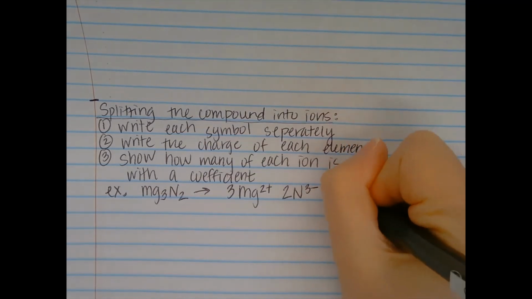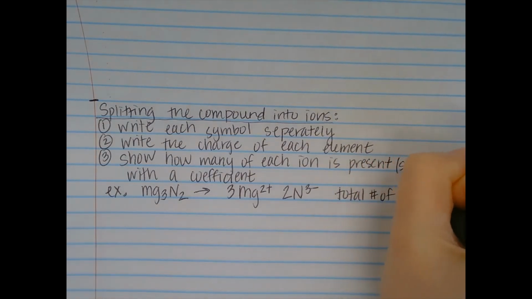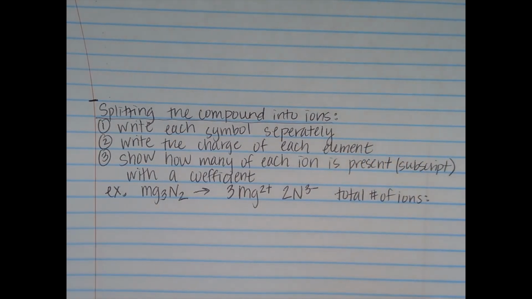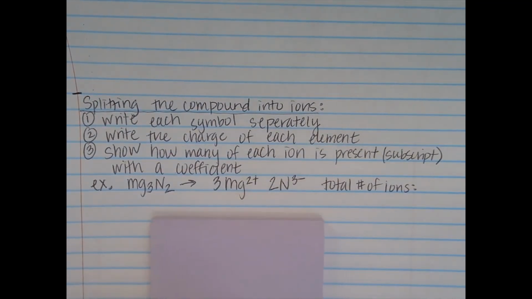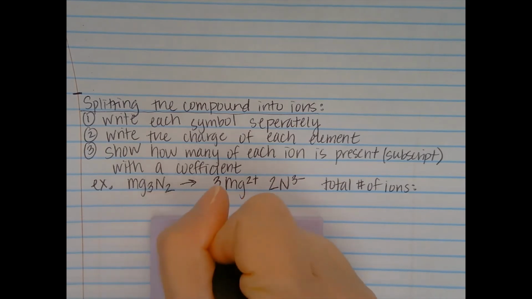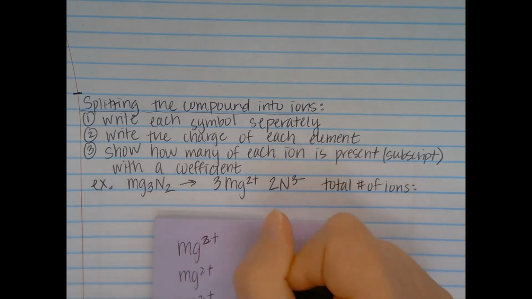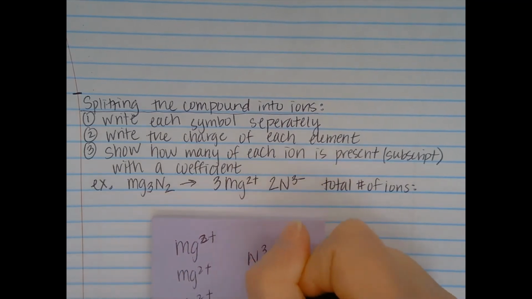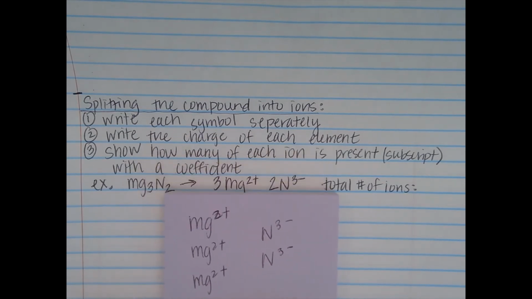So how many total ions are there? Okay, well, let's take a look. If I were to just write this out, Mg2 plus, Mg2 plus, Mg2 plus, N3 minus, N3 minus. Okay? That's what this means, right?